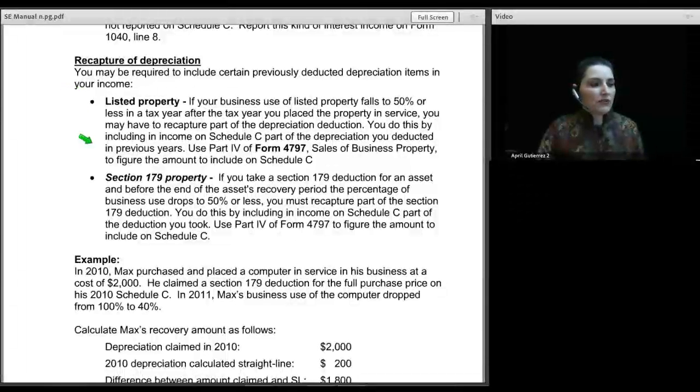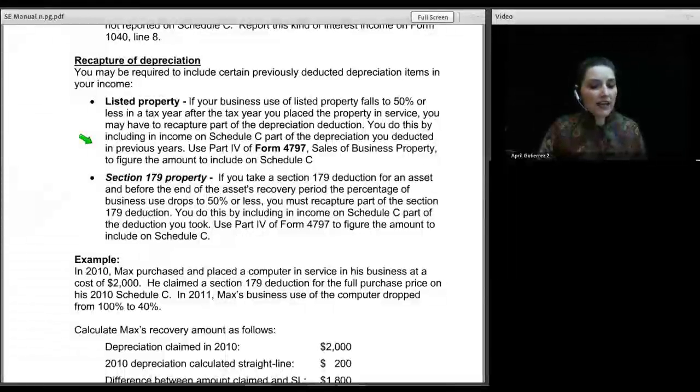Now, most of the time when you file Form 4797, it is used to report the sale or disposition of a business asset, and the gain or loss carries to line 14 of the 1040 form as ordinary income, or line 13 as capital gain or loss. Actually, usually capital gain. It'll either be line 13 as capital gain, or it'll be line 14 as ordinary income or ordinary loss.